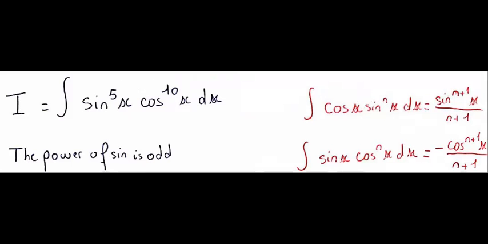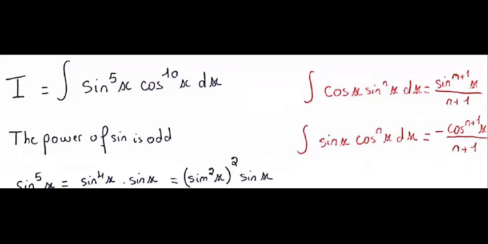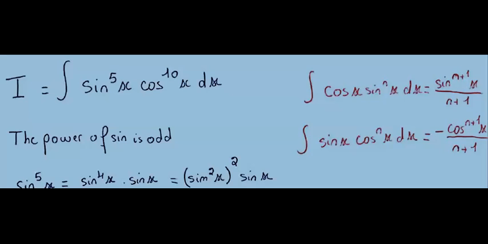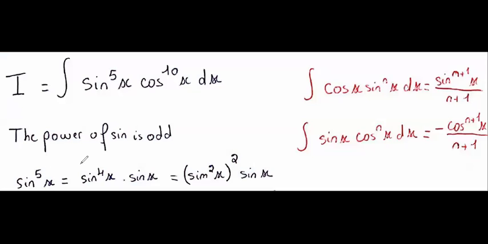So we take sine to the power 5 x, and we write it as sine to the power 4 x multiplied by sine x. We do it in order to find sine to the power 1, because we need to use this formula here.